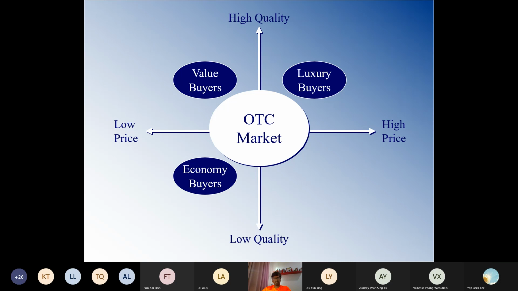And luxury buyers are people who look for high quality and a high price. They are confident that if the price is higher, the quality should be higher. So they look at the display, see which is the costliest one, and buy that, because they think the costliest item displayed will be the highest quality.